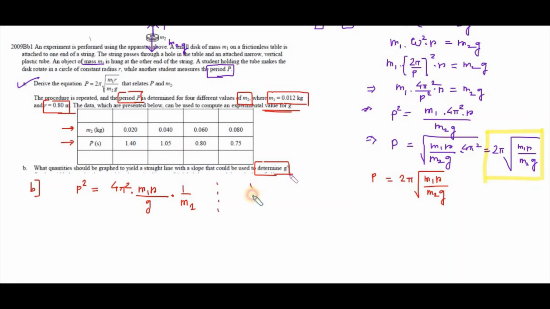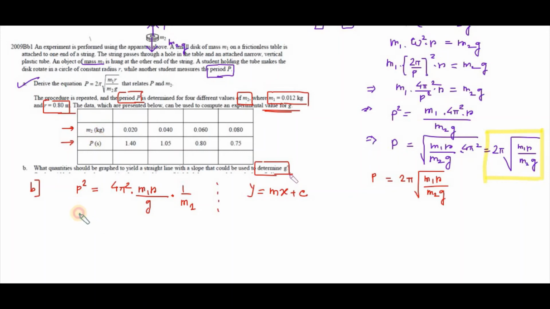We have the straight line equation, y equal to mx plus c. Along the y-axis, the period is definitely the dependent variable and m2 is the independent variable.